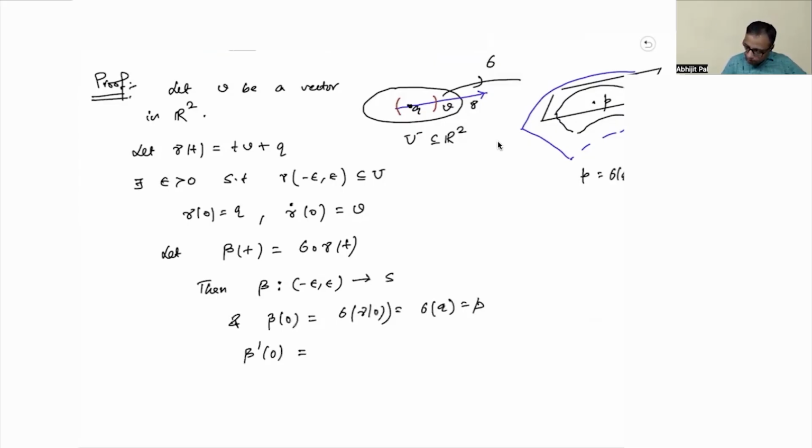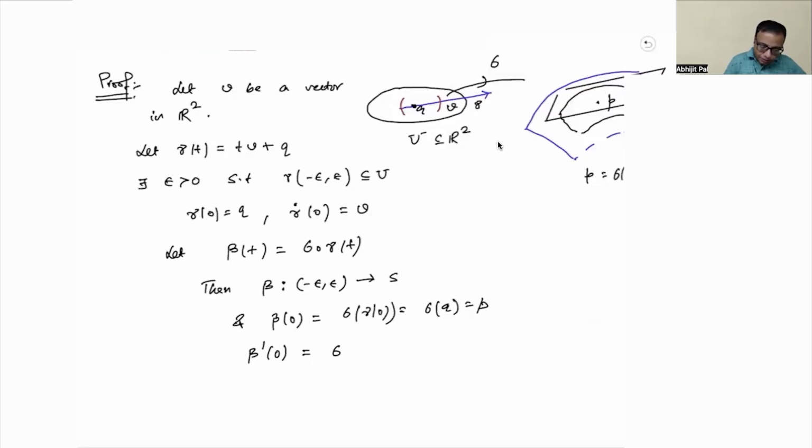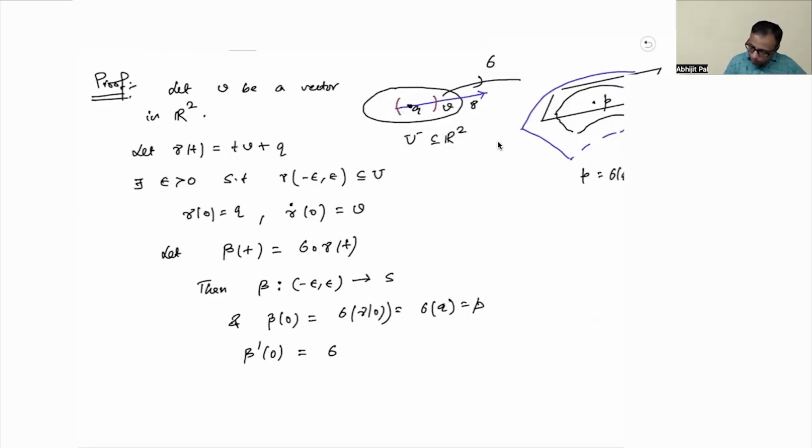It is equal to d sigma of q evaluated at the point gamma dot 0, or gamma prime 0. Okay, so this is equal to d sigma of b.